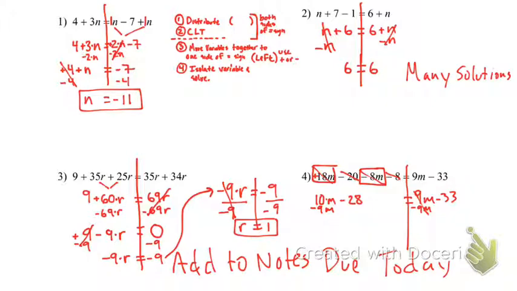Let me write this a little cleaner now. So 1m is just m. Bring down the negative 28 equal to negative 33. And now we're at step 4, where we're just going to isolate the m. To get the m by itself, I have to add 28 to both sides.